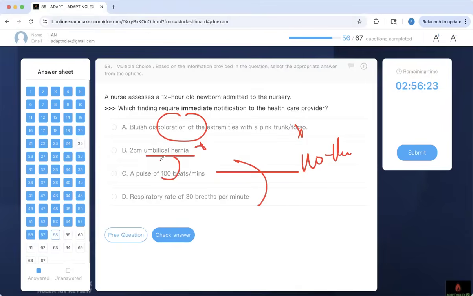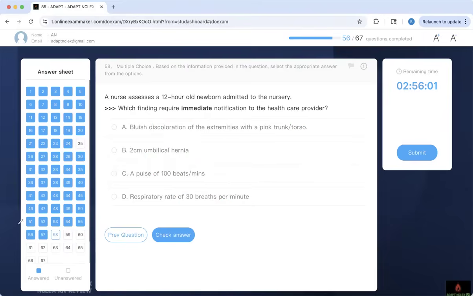You see? A pulse of 100 is bradycardia. Respiratory rate is 30 to 60, that's good. Therefore, I'm going to be worried about our patient who has a pulse of 100. And that's my patient.